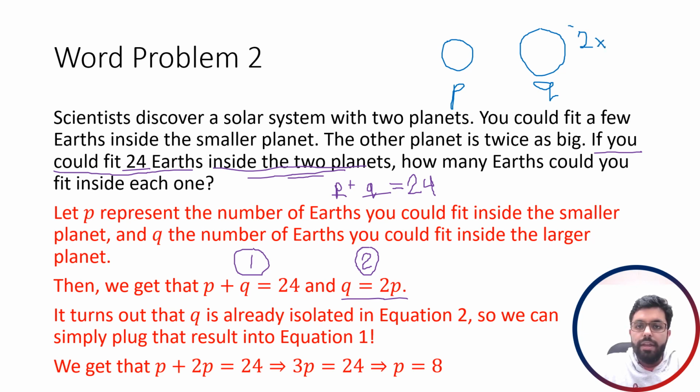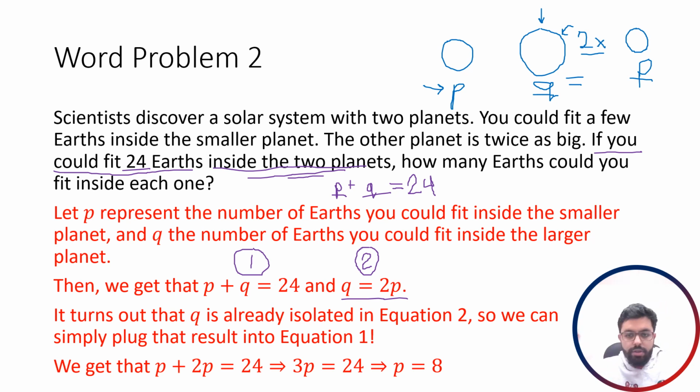Now, the smaller planet is P Earths you can fit inside. So if the bigger planet can hold 2 times as many Earths, that means that Q is equal to 2 times P. All right, did you follow that? I hope that makes sense.